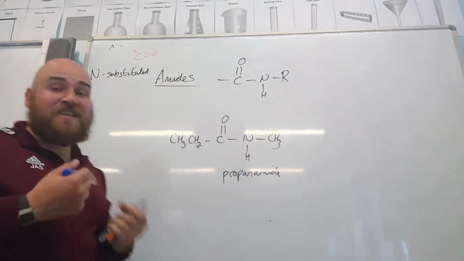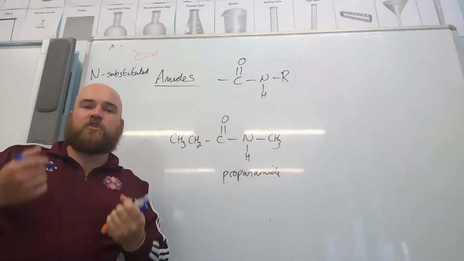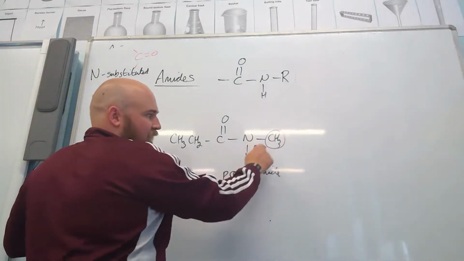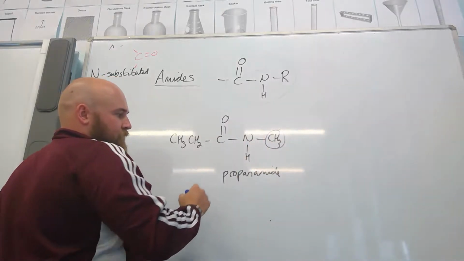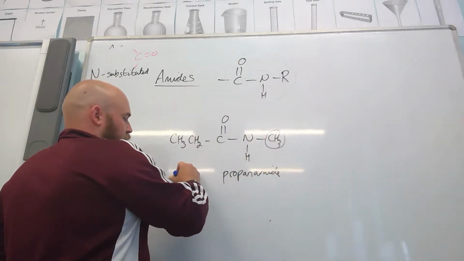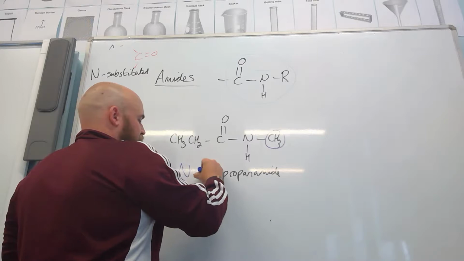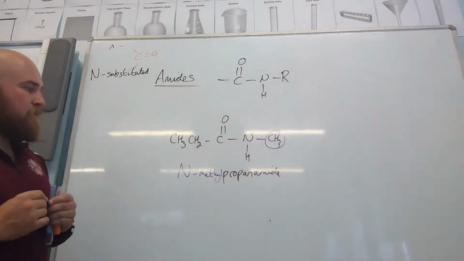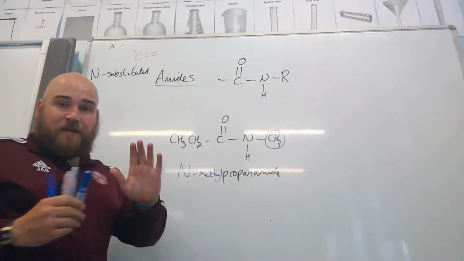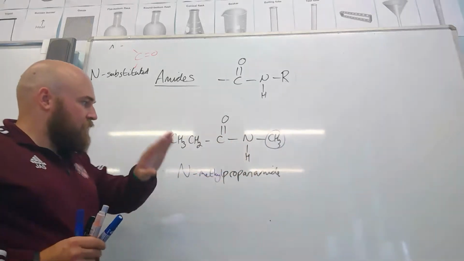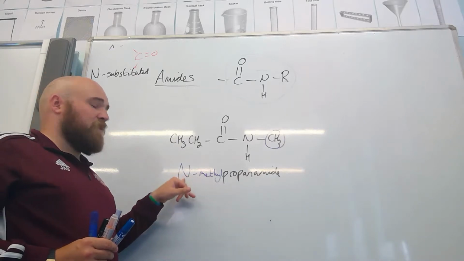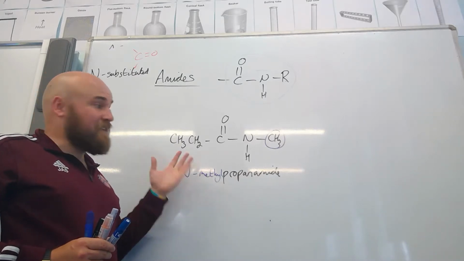The N stands for nitrogen. So we have substituted a hydrogen for something else. What have we swapped our hydrogen for? What do we call that? It's a methyl group. So we call this N-methylpropanamide. That lets anyone in the world of chemistry know that it's propanamide, but there's a methyl group on the nitrogen. And that's pretty much it.